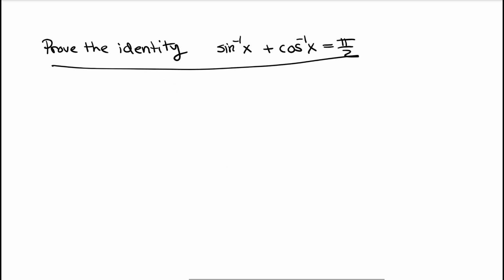We're going to prove the identity: the inverse sine of x plus inverse cosine of x is just equal to that constant, pi over 2. And we're not going to use trigonometry for this one. By using trigonometry, we should be able to already solve this.